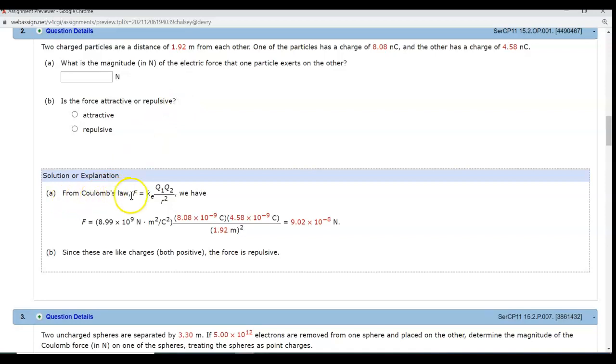Okay, so we look at Coulomb's law, and F equals KE times Q1 times Q2 divided by the radius squared. All right, so in this case, we were given Q1 and Q2, 8.08 nano, 10 to the negative 9, 4.58 nano, again 10 to the negative 9, and then the distance from each other squared, 1.92 squared.